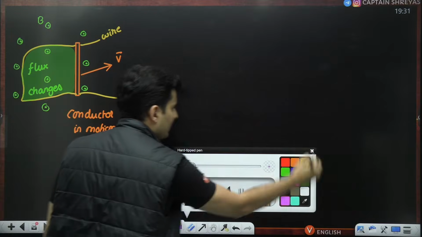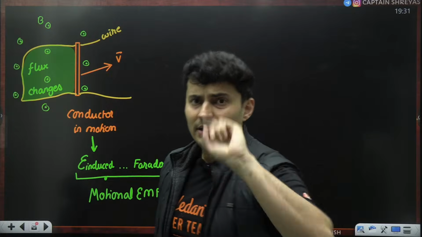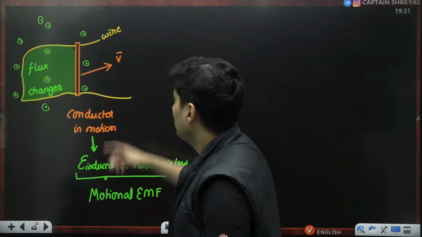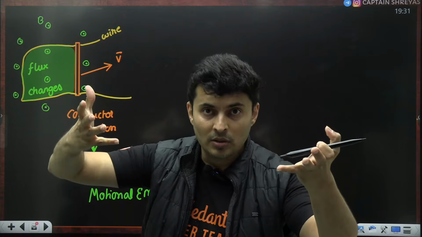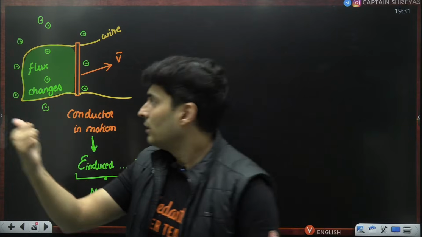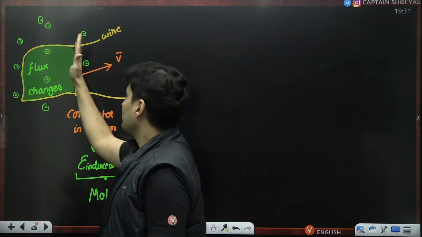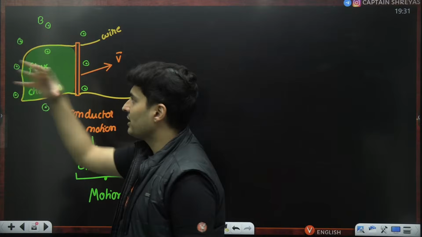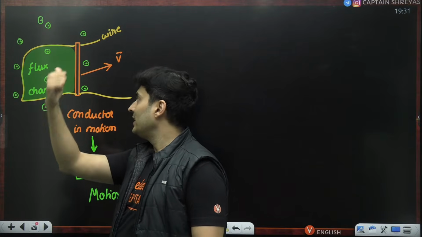Not just this. Here you can see Lenz's law also can be applied. You can find a direction. It's not that difficult. Here the flux is increasing towards you. It's becoming stronger. You will try to weaken it by creating induced field opposite here, because when the rod goes here, more number of lines will come towards you. So to weaken it, you will oppose it by creating a field inside.